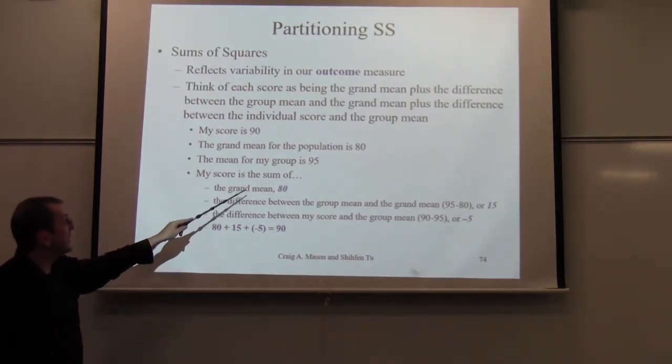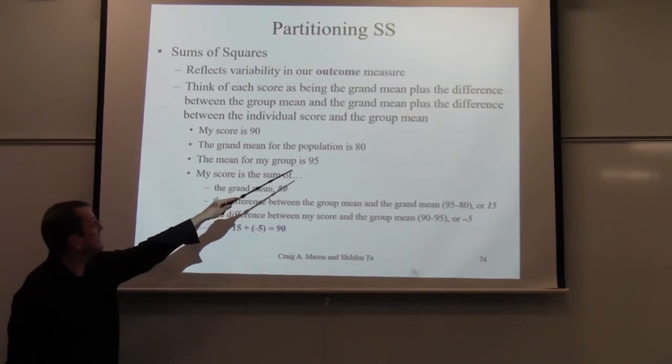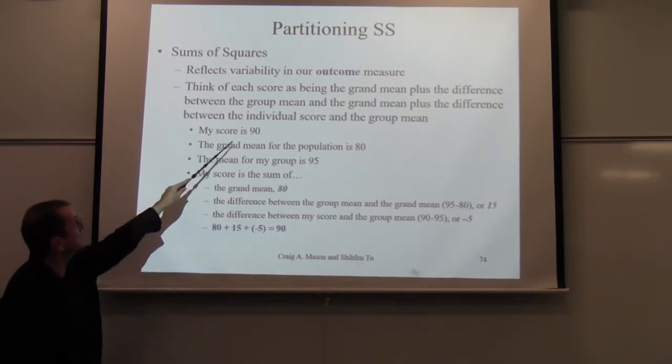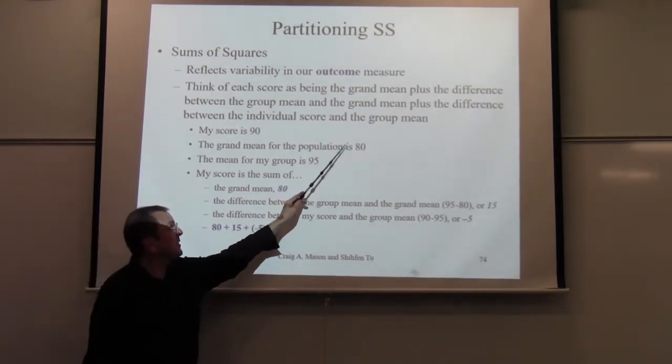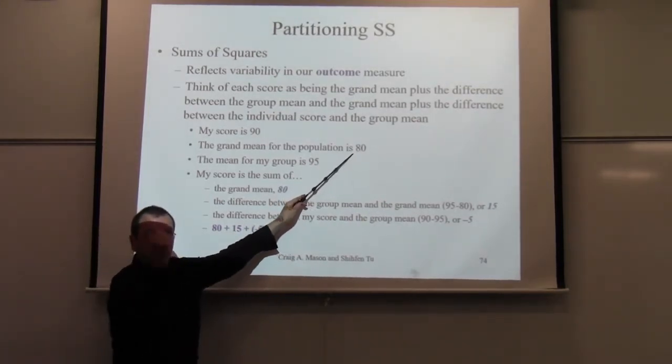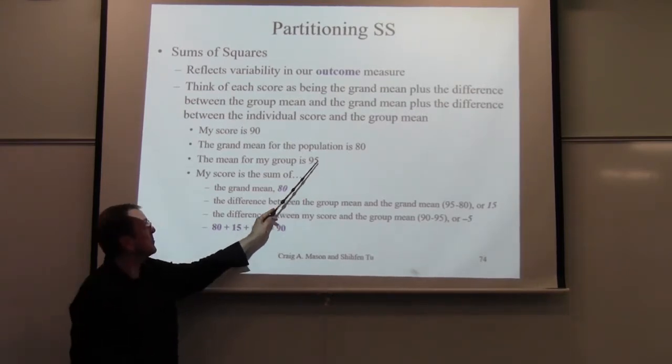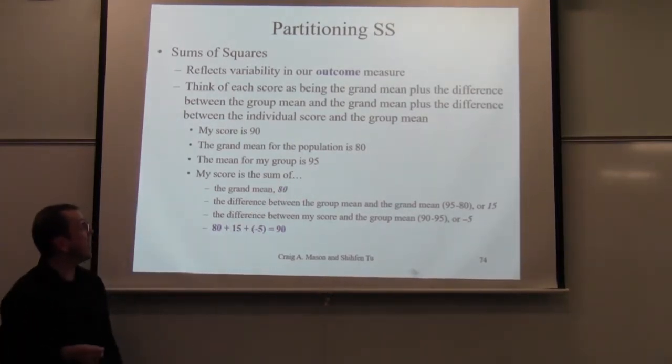So for example, let's say my score is a 90. On some test, the grand mean, the mean across all the groups, is 80. The mean for my group is 95.